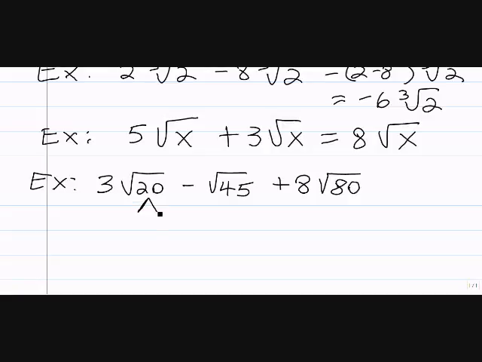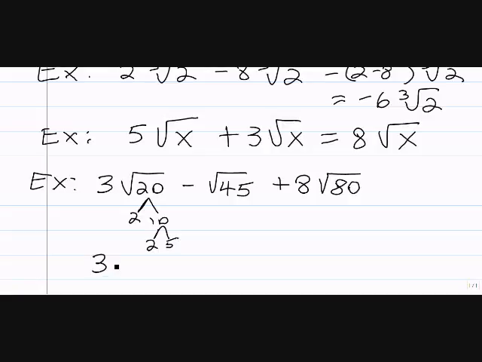Okay, so 20, that's 2 times 10. 10 is 2 times 5. If that had been a 20, yes, then you would have combined them first before you simplified. Good question.